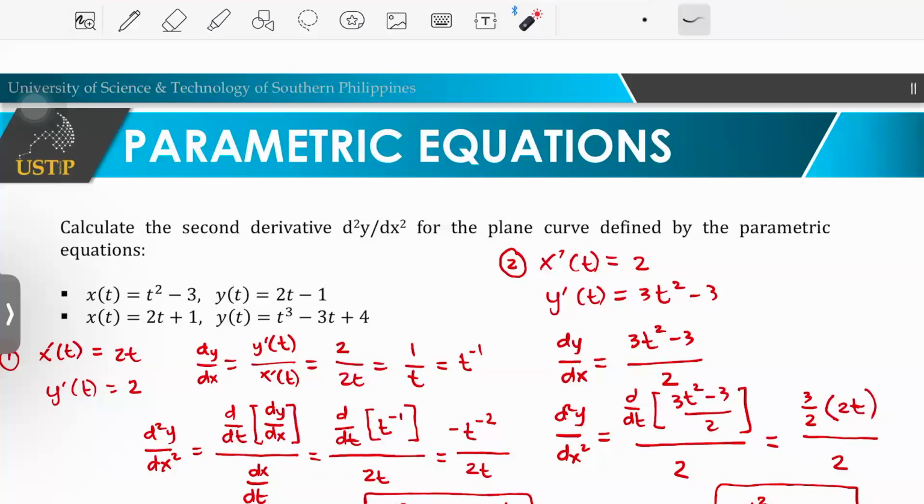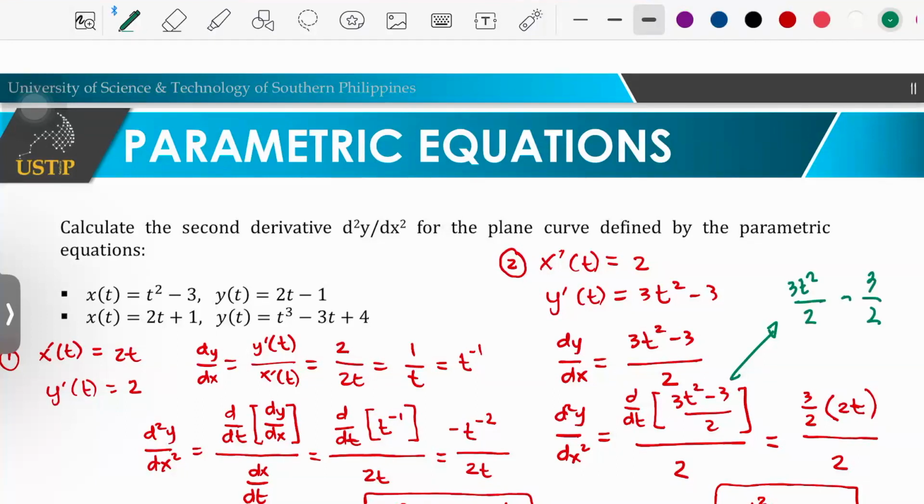Okay, the second example, we have 2t plus 1. That is x, and its derivative x prime will be 2. And y prime will be 3t squared minus 3. Okay, so this is our dy over dx, y prime divided by x prime. Again, to get the second derivative, differentiate it with respect to t on top, and in the denominator, your x prime, which is 2. We can split it up: this will be 3t squared over 2 minus 3 halves.